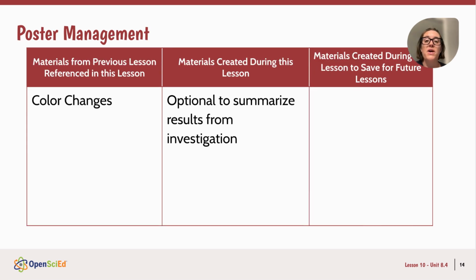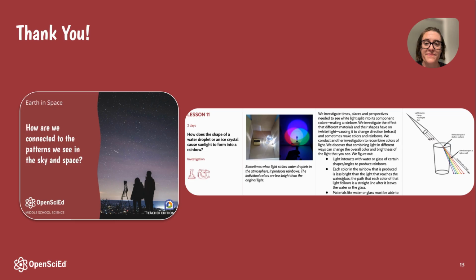Poster management. We are going back to that color change poster again. And you have the option to have a poster that summarizes the results from the investigation. I find that very helpful and useful, going back and referencing, especially as we are getting close to the assessment for the end of this lesson set.